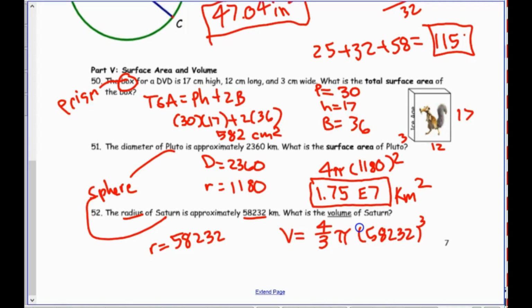When you type it in, make sure you hit caret and then third power. 58232 caret 3. So I get 8.27 and I get E14. Okay, and this is kilometers cubed this time because we're talking about volume.